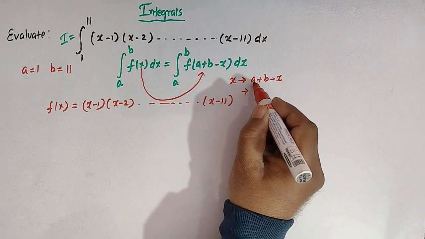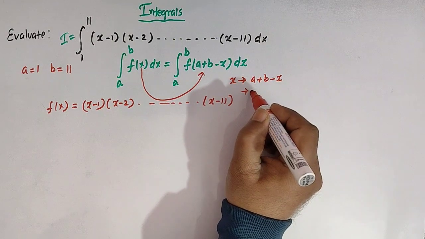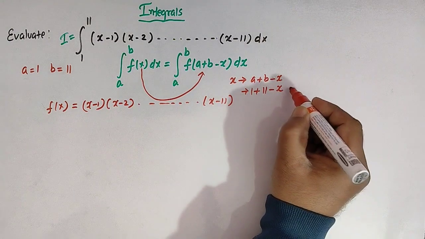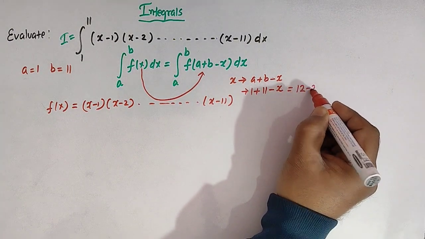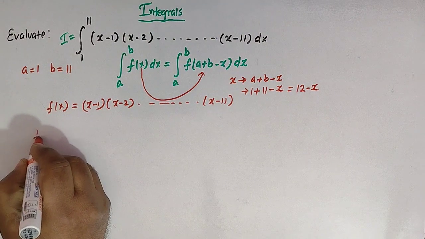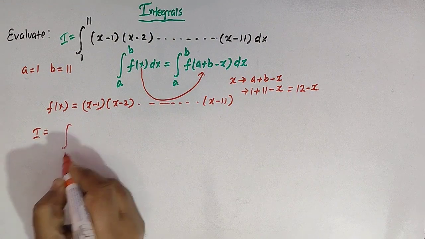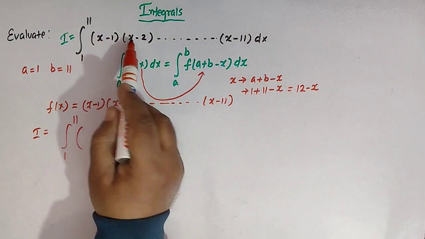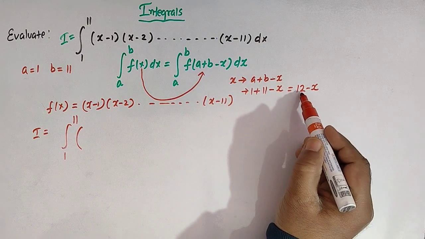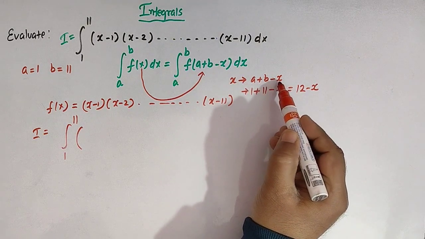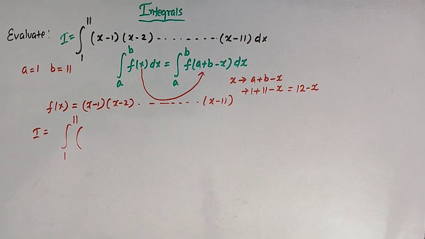Here a is 1 and b is 11, so this is 12 minus x. So now this integral I can be written from 1 to 11, and for each x we write 12 minus x.